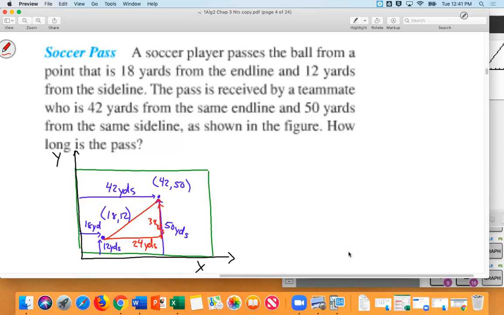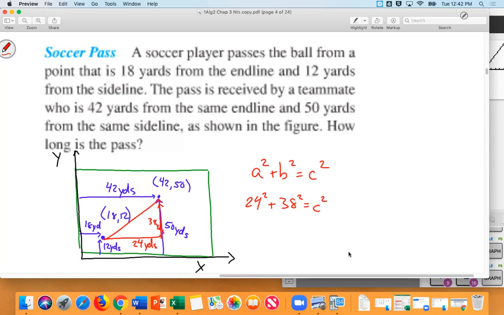So there's your triangle, and we're after C. So we have a squared plus b squared equals c squared. So a is 24 and b is 38, and c is what we're looking for.